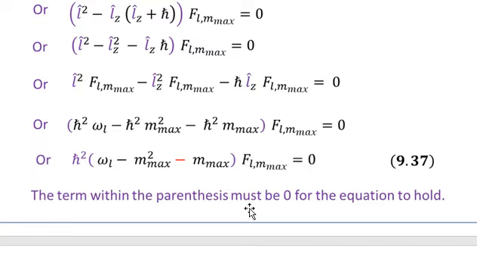So the term within the parenthesis must be 0 for the equation to hold, because this is now the eigenvalue equation, and it will be equal to 0 only when the parenthesis is equal to 0, because the other terms will not be equal to 0.